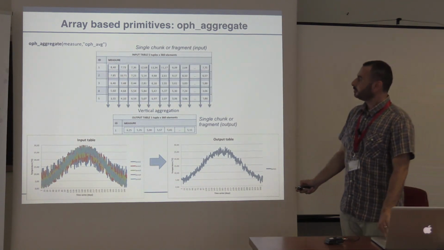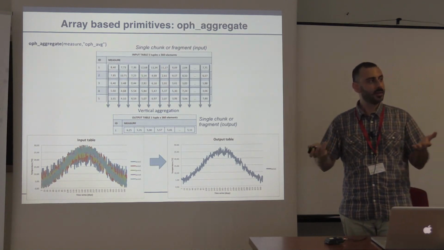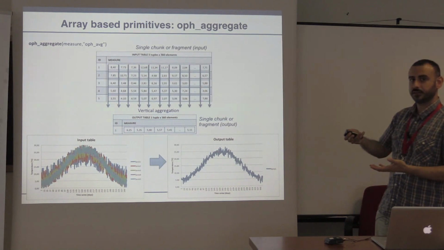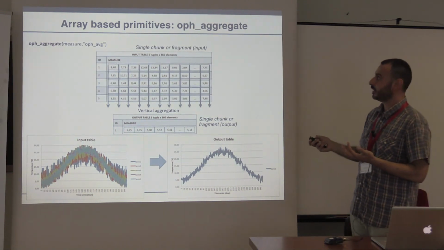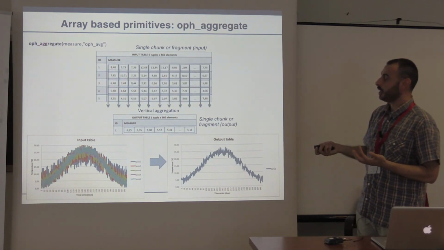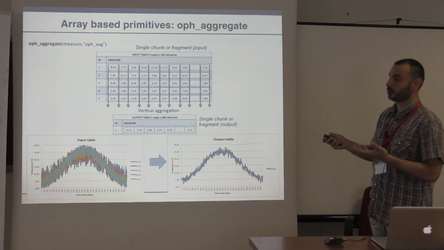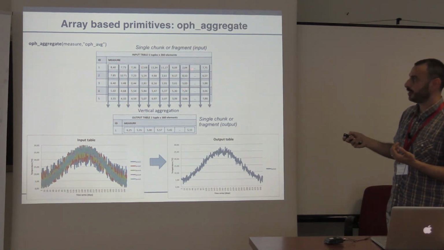We can analyze not only arrays but also columns using vertical aggregation. So, for example, this primitive, OPH aggregate, is able to compute some operation, for example, the average, on each column of the arrays.